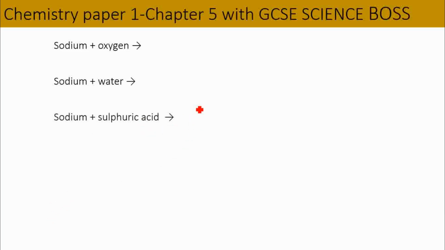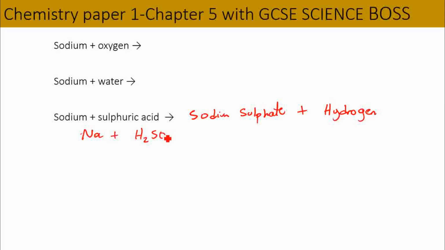Sodium and sulfuric acid is going to form the salt, which is called sodium sulfate. And it will also form hydrogen gas because it is a metal plus acid. So sodium, Na, plus sulfuric acid, H2SO4. You need to know the formulas for your acids.